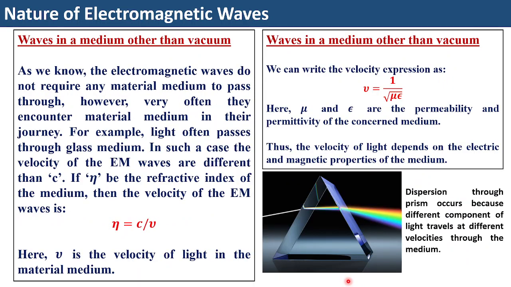Now up till now we have talked about electromagnetic waves in empty space, that means wherever there is a vacuum. Let us now discuss what happens whenever the electromagnetic wave passes through a material medium. It could be glass, it could be water, it could be any substance which is either transparent or maybe opaque, because if it is opaque, it will anyway stop the flow of the electromagnetic wave through it.